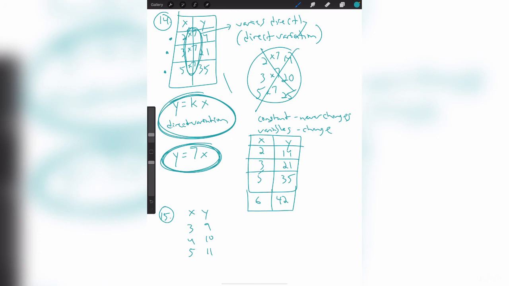And even though it looks like we're adding 1, 9, 10, 11, I can't really write a direct variation equation here. There's nothing that I'm multiplying by the same every time, because I've multiplied by 3 here. 4 times 3, that's not the same. 5 times 3, that's 15, not 11, right?